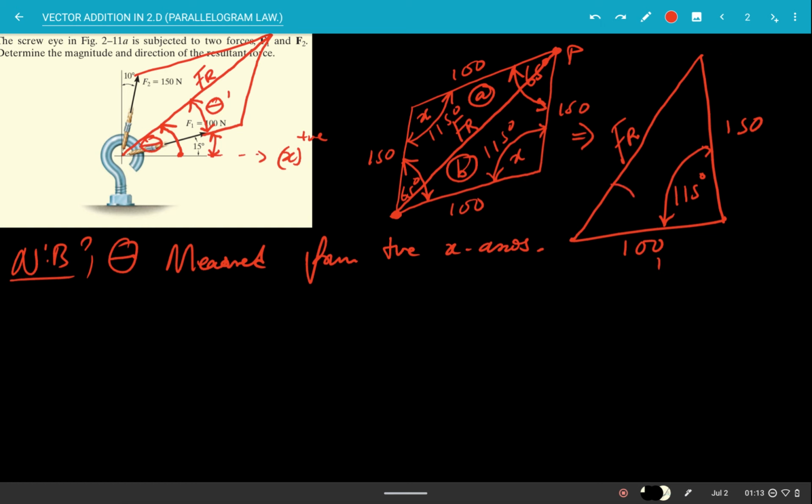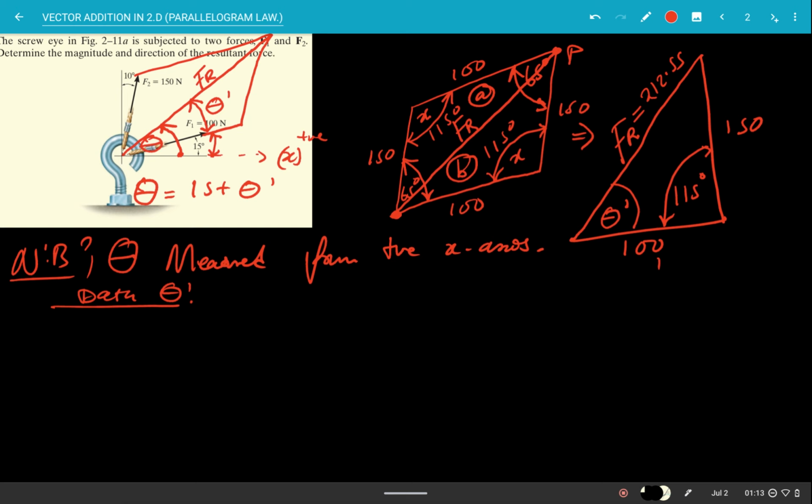And since we've already solved the resultant, which was found to be 212.55, we can now solve for what? The direction, which is by first finding what? Theta prime. So we know that the direction is equal to 15 plus theta prime. Now let us look for theta prime.